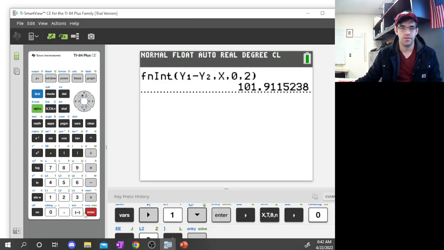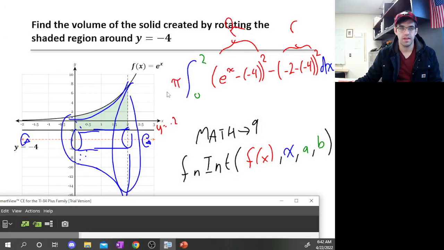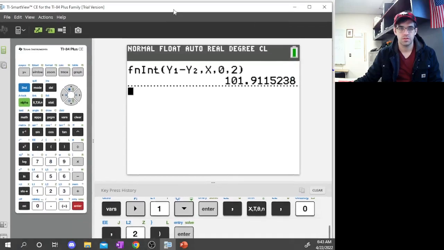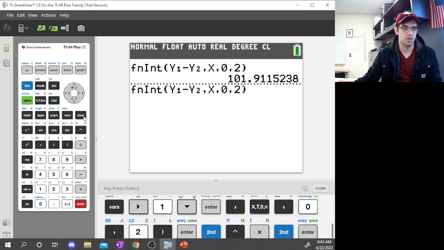The one thing we haven't done so far is include that pi. So I'm just going to go second caret, get that pi symbol, times, and then I pick second entry. Oh, wrong one.